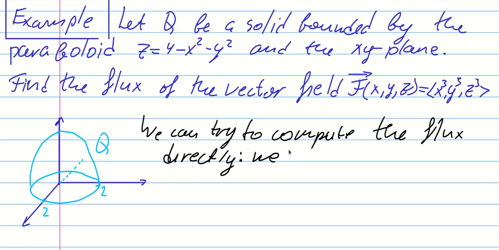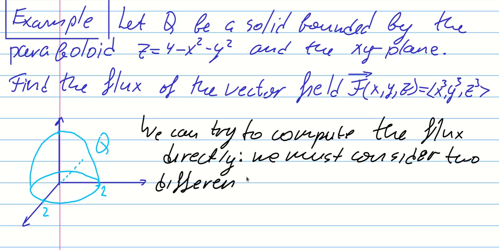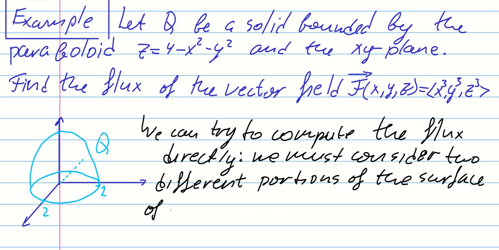So we must consider two different portions of the surface of Q. Let's use dQ for the surface of Q. Why is that true?